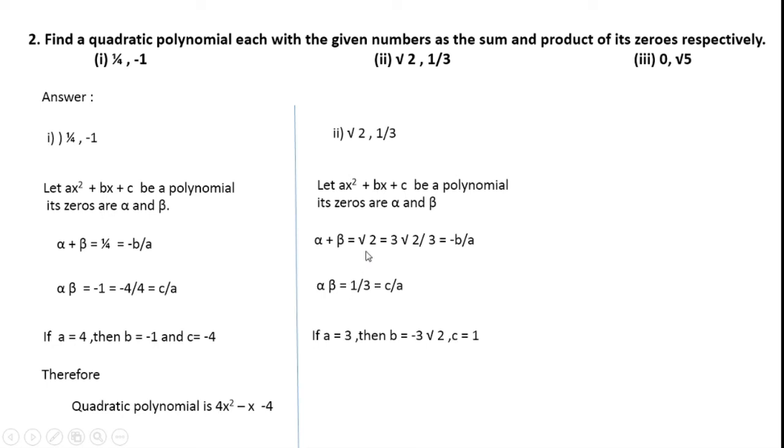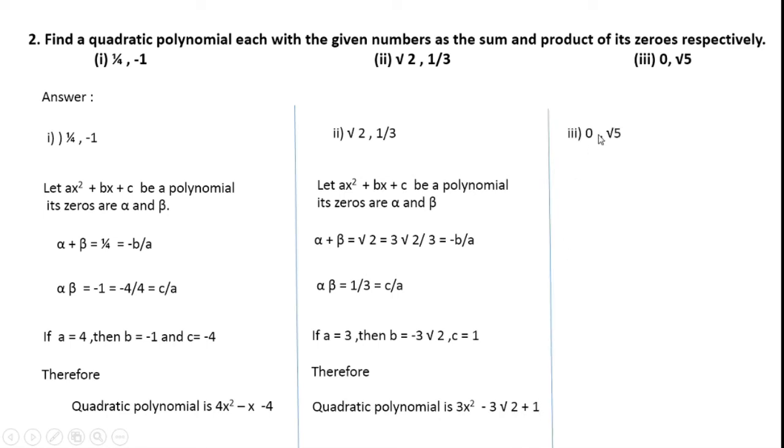Now we can write the quadratic polynomial. Instead of a, we give 3, b equals minus 3 root 2 and c equals 1. Therefore, the quadratic polynomial is 3x square minus 3 root 2 x plus 1.